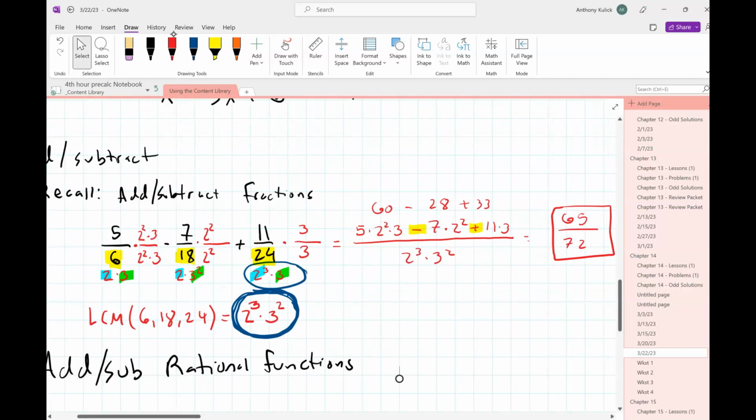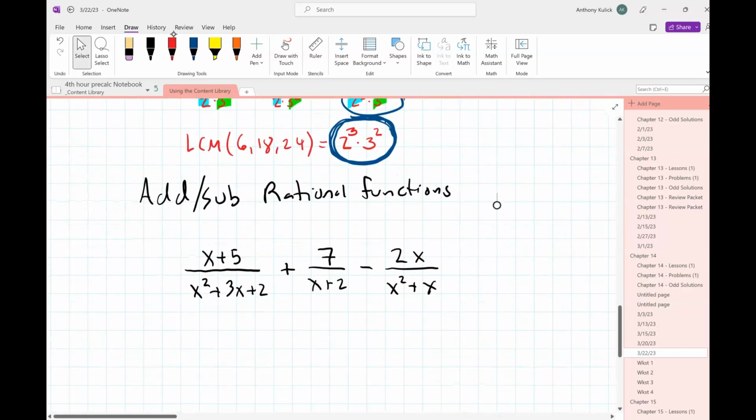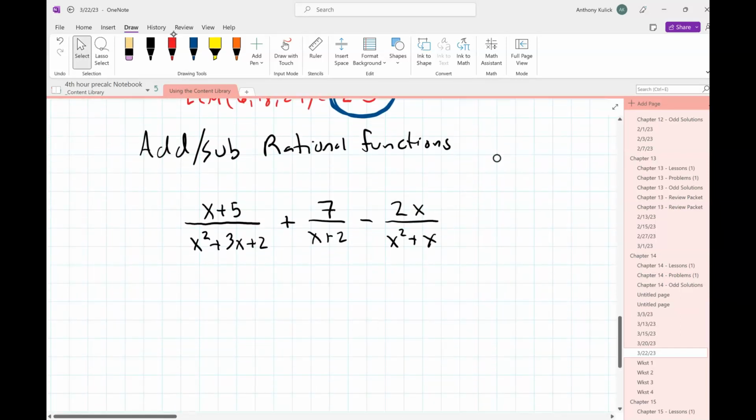Let's do this now with rational functions. So let's say we have x plus 5 over x squared plus 3x plus 2, plus 7 over x plus 2, minus 2x over x squared plus x.